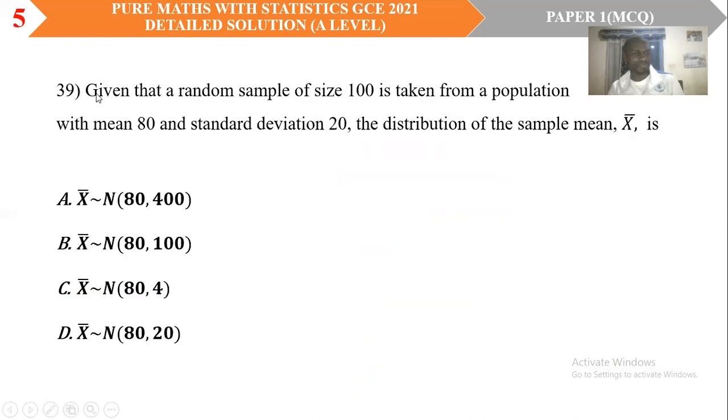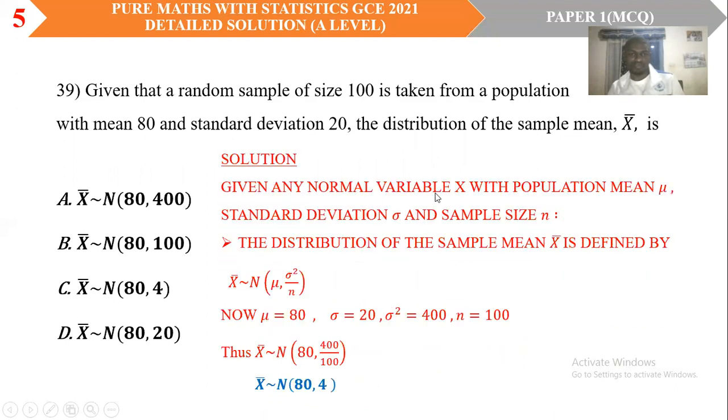Question 39. Given that a random sample of size 100 is taken from a population with mean 80 and standard deviation 20, the distribution of the sample mean x bar is. Given any normal variable x with population mean mu, standard deviation sigma, and sample size n, the distribution of the sample mean x bar is defined by x bar is normal with mu and sigma squared over n.